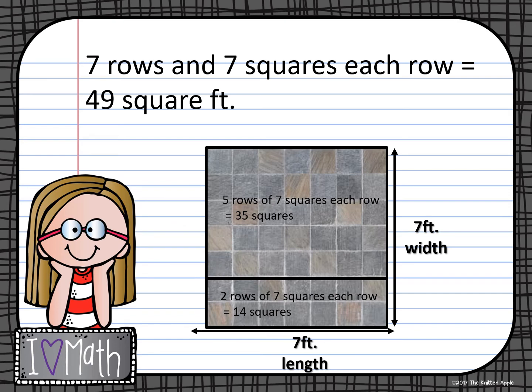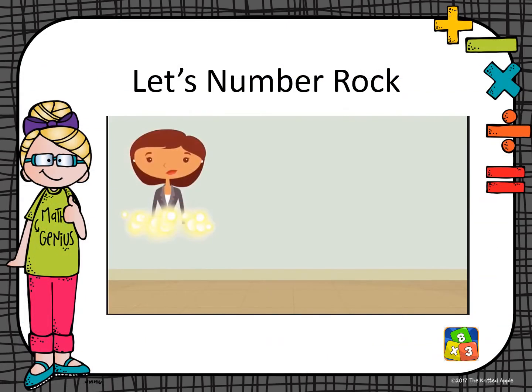When I take the 35 tiles from the above array and the 14 tiles from the below array, I take my 2 rows and my 5 rows, and now I have my 7 rows with 7 squares in each row. So when I add 35 and 14, I'm going to get 49 square feet. As a multiplication problem, that would be 7 times 7 equals 49.